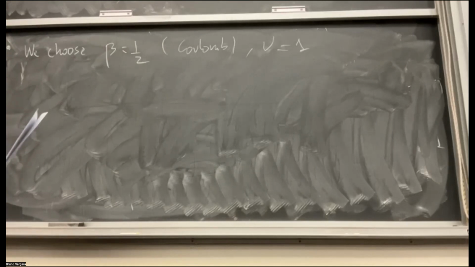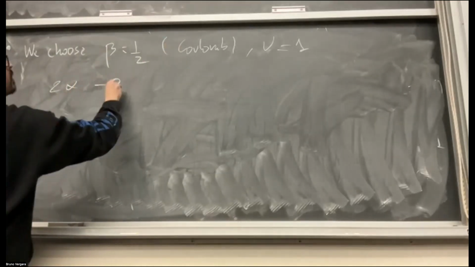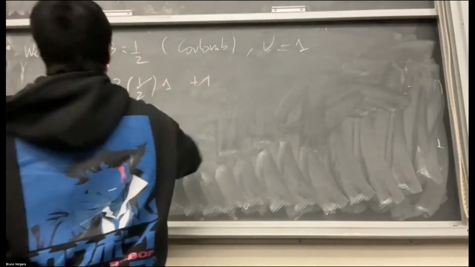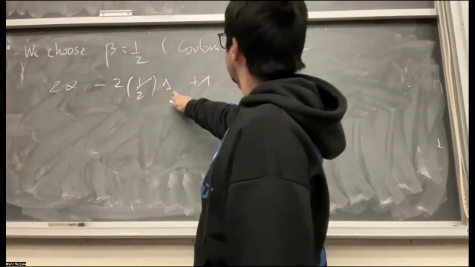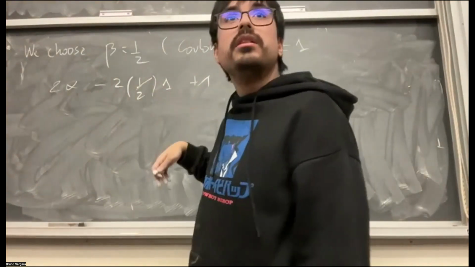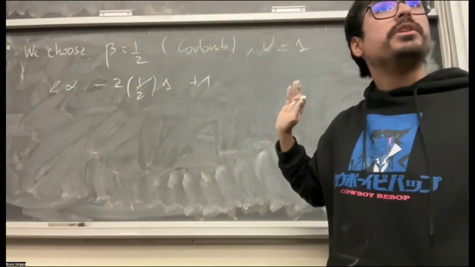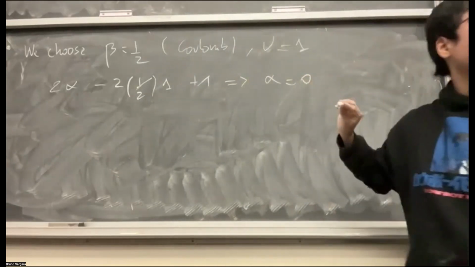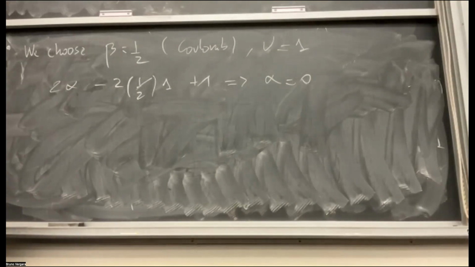So I have 2 beta, this cancels, so I can choose. You said beta to be 1/2 and nu to be 1, then the top gives you alpha equals 0. Exactly, then it's gone, so I only have the Coulomb potential. So this is alpha equals 0, and therefore nu is equal to 1. Okay. Good.